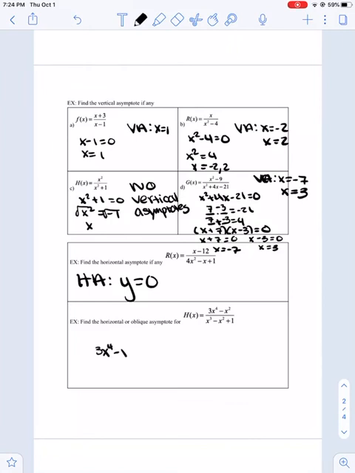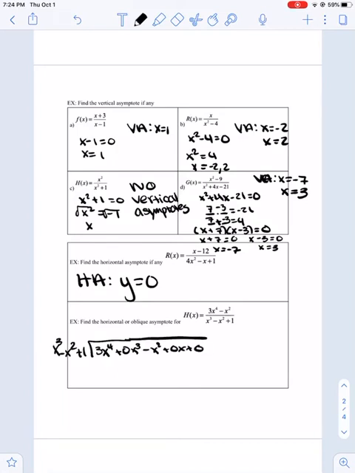So we can take 3x to the 4th minus x squared, and we can use long division and divide it by that x cubed minus x squared plus 1. I'm going to go ahead and go back inside that division sign and add in those missing pieces, like the 0x cubed, and then we have a minus x squared, but we don't have an x and we don't have a constant.